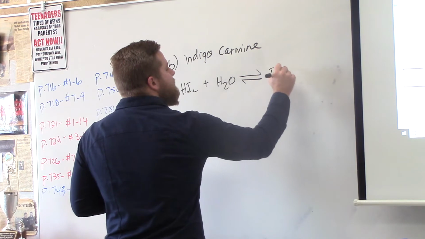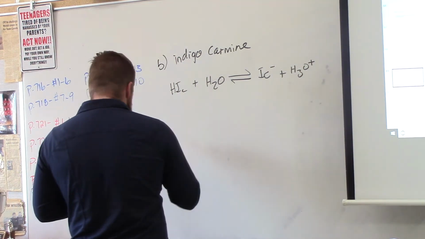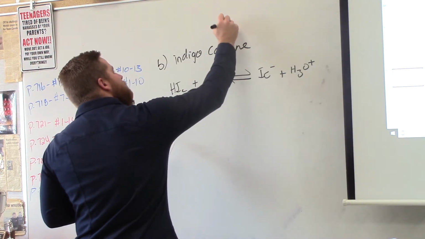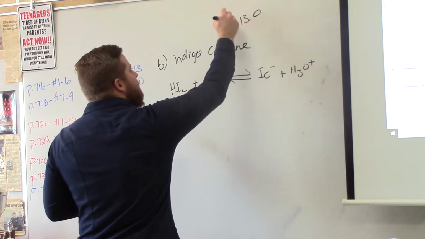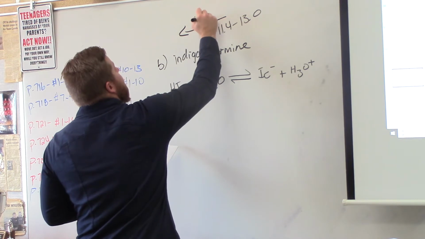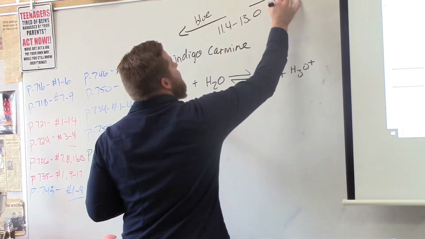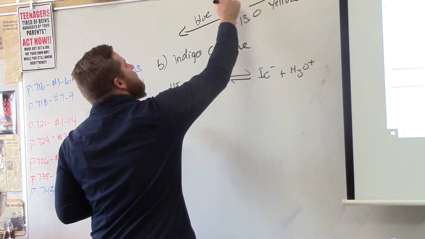This makes IC negative plus H3O plus. This indicator works best in this pH range. If we are at 11.4 or below, it's blue, and at 13 and above, it's yellow. In between, if it's a pH of 12, it's going to be green.